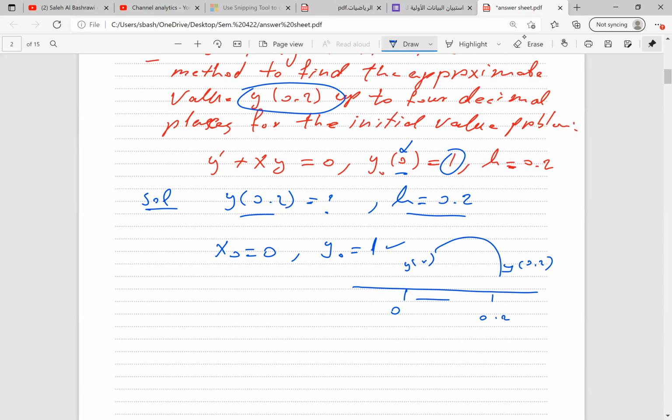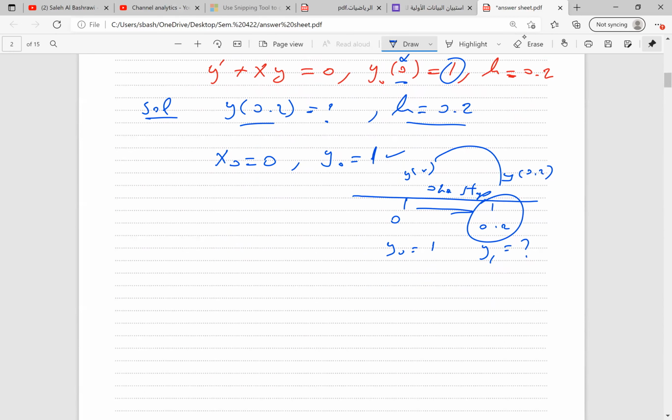So we are moving only one step, or one iteration. From 0 to 0.2 with h equal to 0.2 is only one step. So I need only the first iteration. Y sub 0 is given equal to 1, and we need to find y sub 1, at x equal to 0.2.